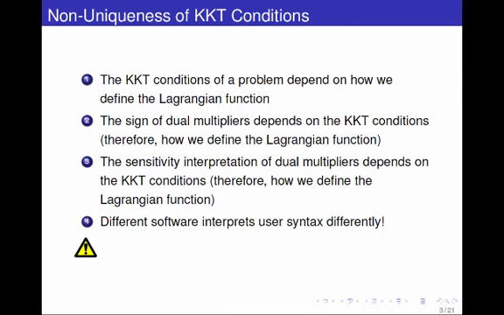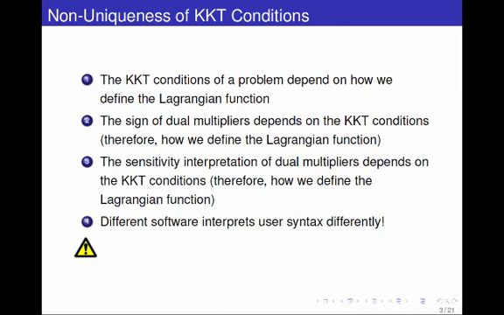Suppose I know that any solver out there relaxes all of the constraints to define KKT conditions. There is still some freedom, and that freedom is used differently in different solvers.